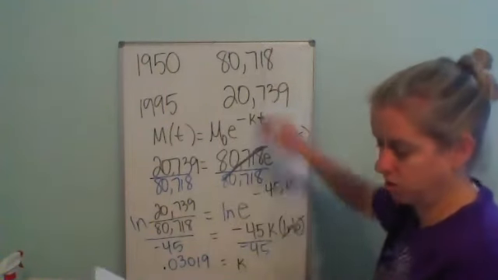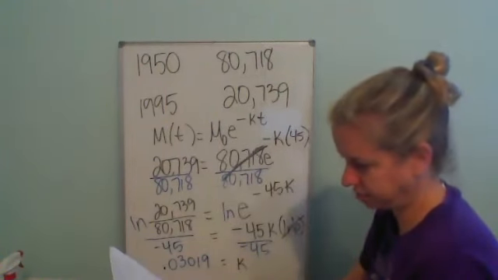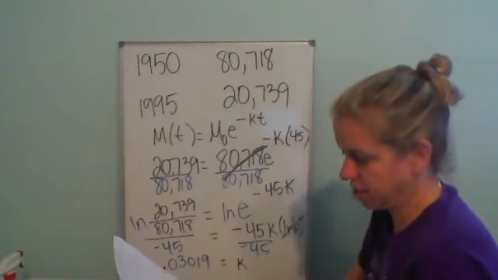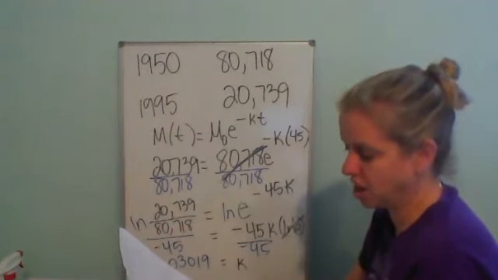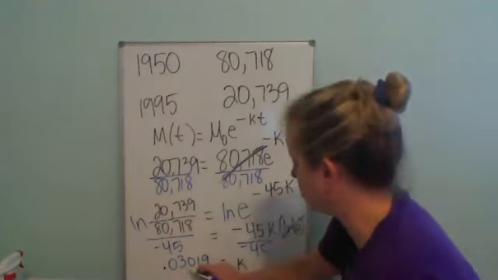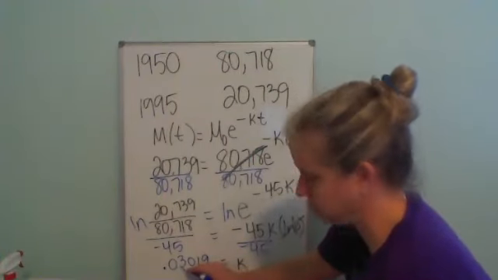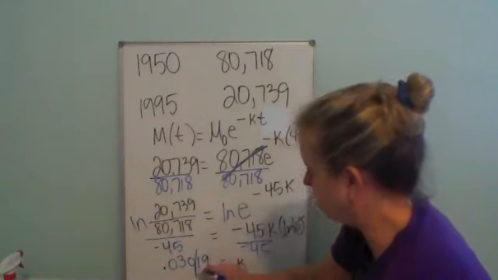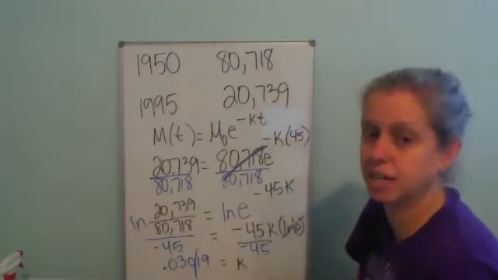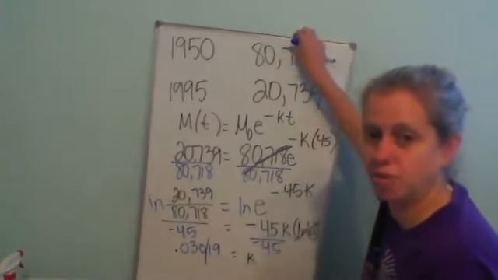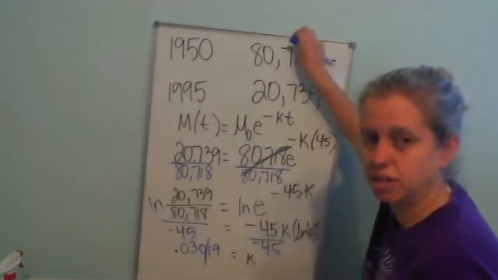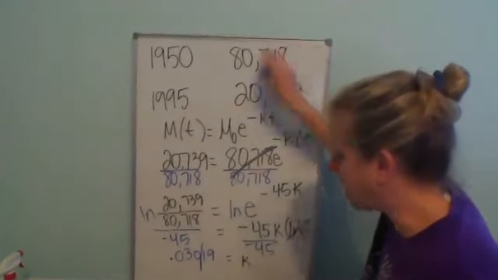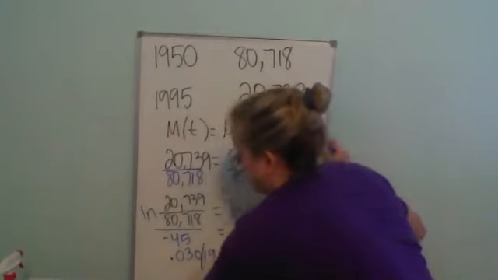And I'm sure it's going to want me to round this. It looks like because it's multiple choice, all the answers are rounded to 3 decimal places. So 0.030. Does that 1 round that 0 up? It does not, which means 0.030 is the rate at which it's declining.